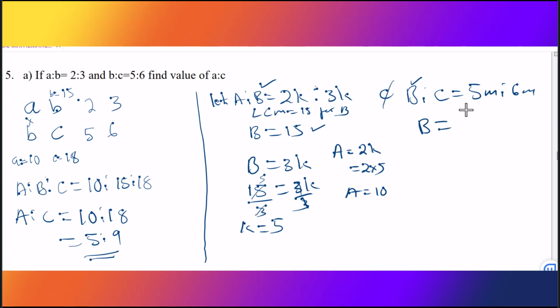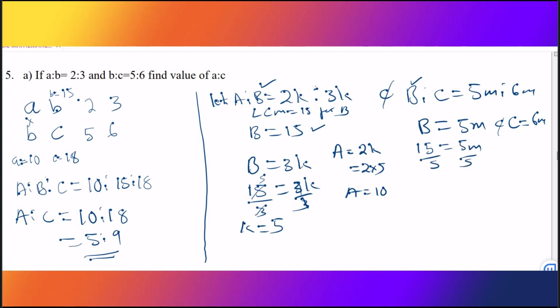Now, B is equal to 5M, and C is equal to 6M. B, we already found the value is 15. So 15 is equal to 5M.